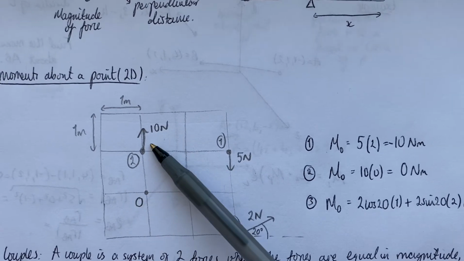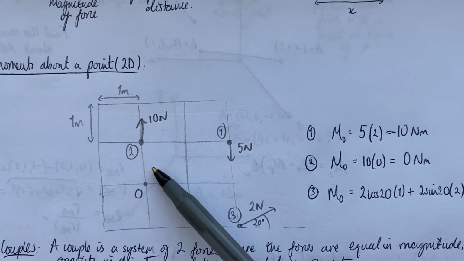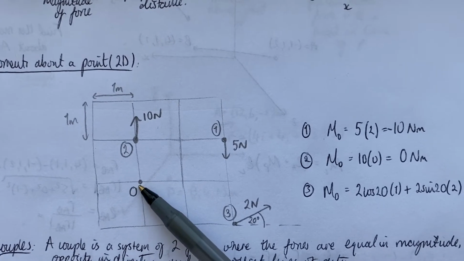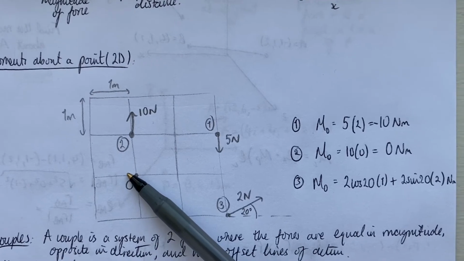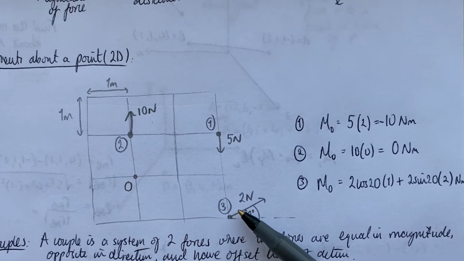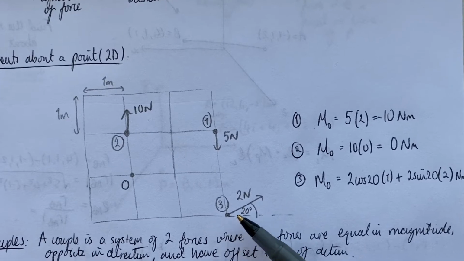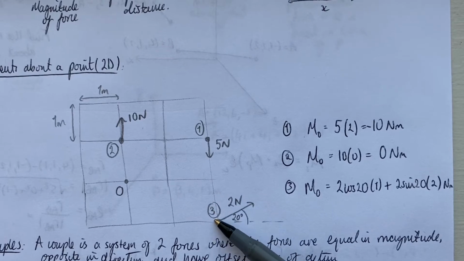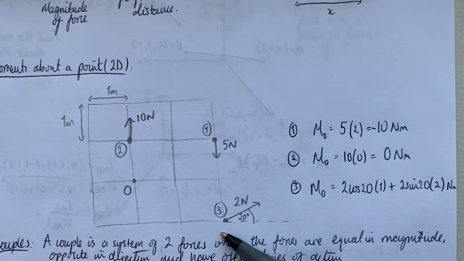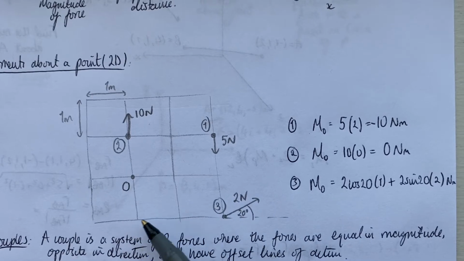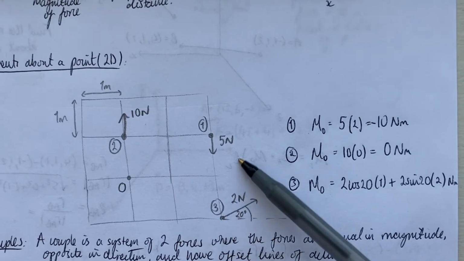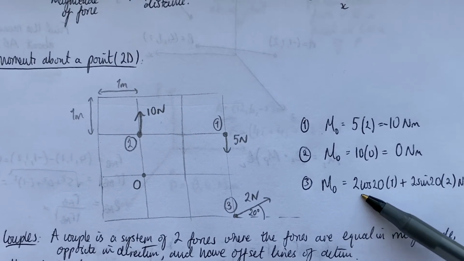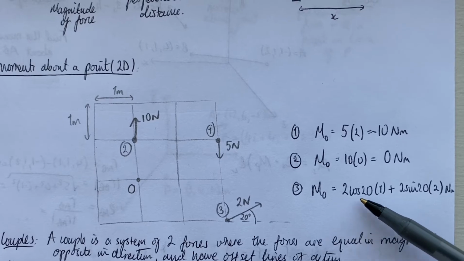So number 2, the line of action of the force vector goes through the point where we're assessing the moment about. So the perpendicular distance is 0, and therefore the moment about O is 0. And then finally, number 3, we've seen an example like this before where we have to assess the vertical and horizontal components of this force vector separately in order to work out the moment about O. We can see that it's going to be a counterclockwise moment about O, so it's going to be positive, but we need to work out the components first.